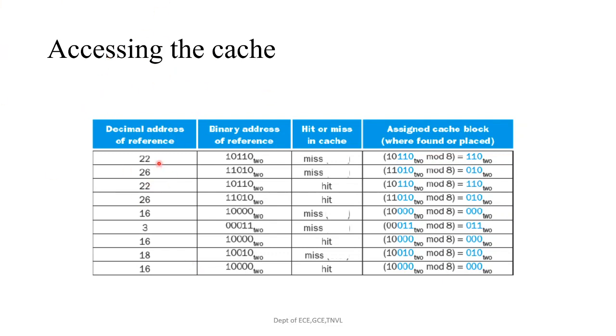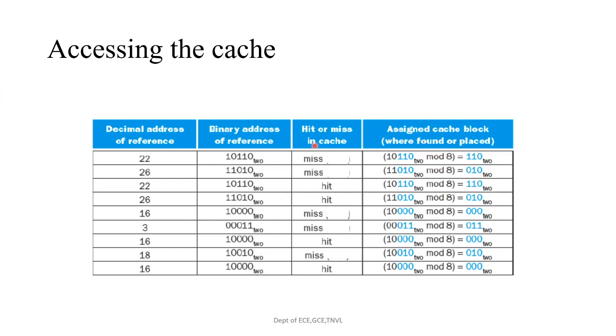Here we have 9 decimal addresses of reference. The decimal addresses of reference are 22, 26, 22, 26, 16, 3, 16, 18 and 16. And here we have the binary addresses of reference. The binary address of reference is 10110 for 22, and likewise it goes up to 16.